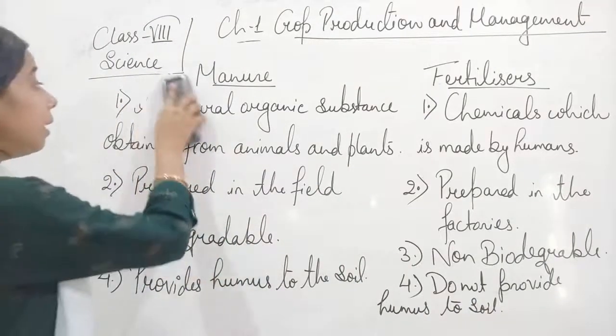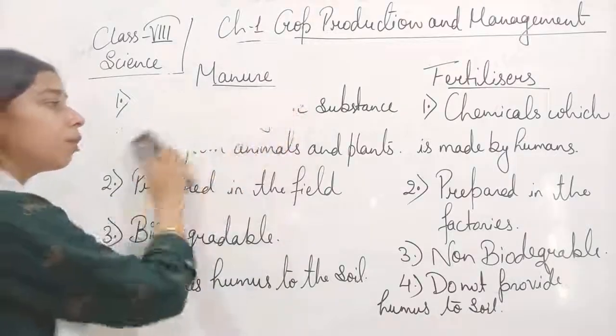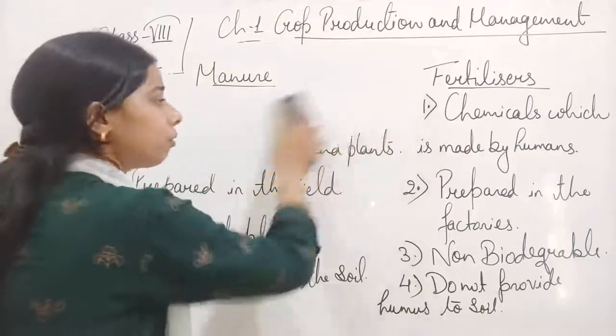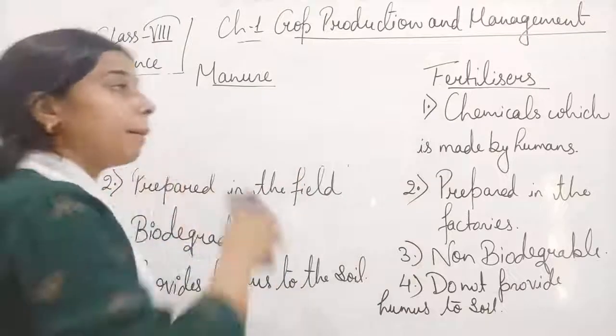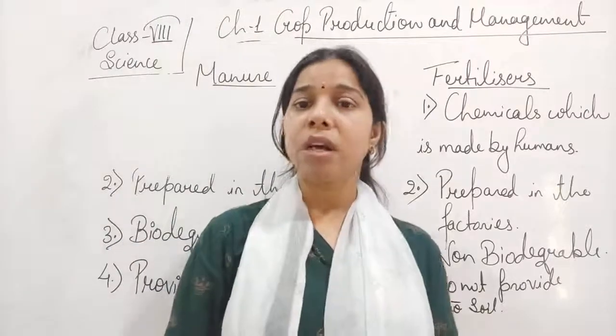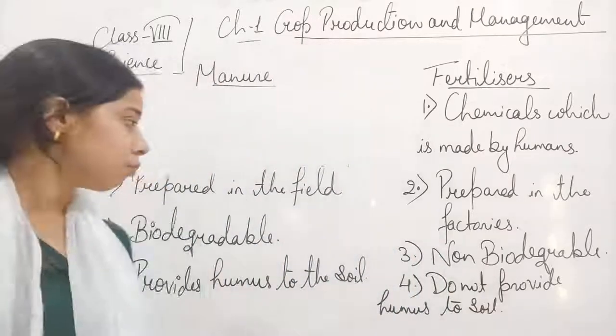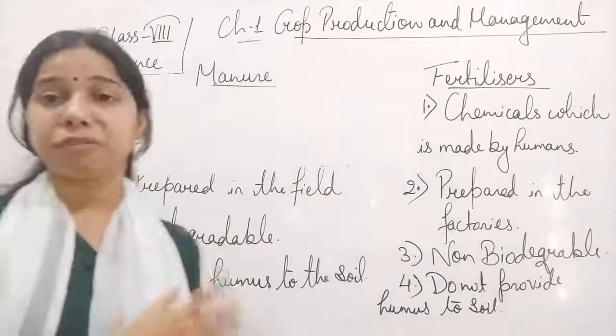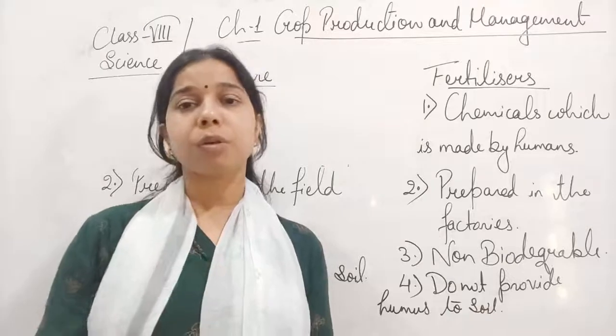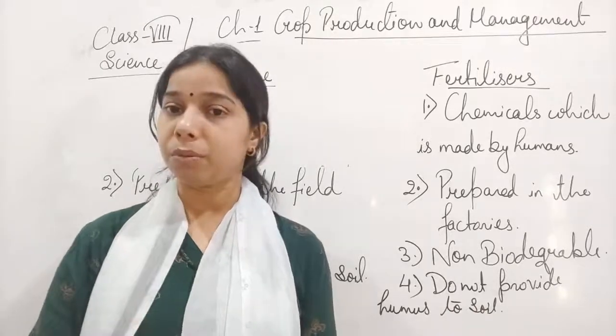Now manure is less rich in nutrients. You see, students, everything is good about the manure: it is made up of organic matter, it is used in increasing the nourishment or nutrient to the soil, it is prepared in the field, and it is biodegradable. That is also a positive point of the manure.